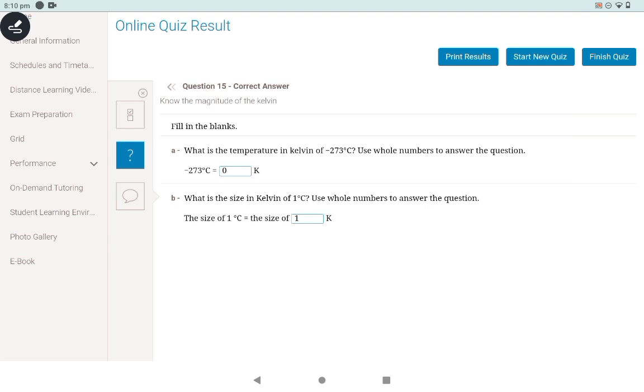The change is always proportional. That's what they want to ask you. So the size of 1 Celsius is equal to the size of 1 Kelvin. They don't want you to find the amount of Kelvin of 1 Celsius, they just want you to find the size of 1 Celsius in Kelvin. So that's 1. That's all.